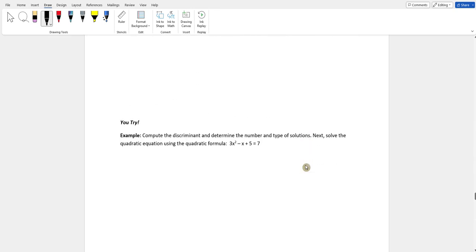Okay, so this is a you-try problem. When you calculate the discriminant, you're going to get 25. So I'm not going to do this problem. So you get 25, which means this is positive. That means you're going to have two real number solutions.